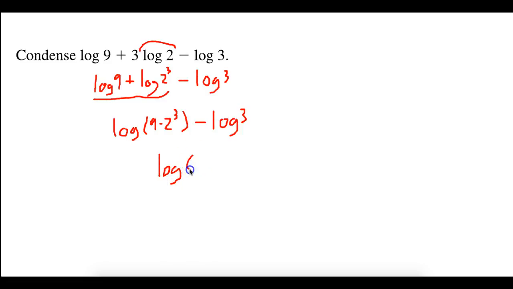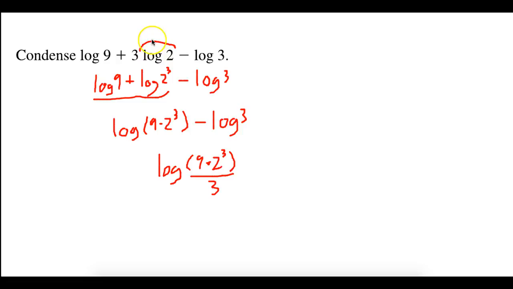So our numerator is 9 times 2 to the third. That's times, that's a dot right there, not minus. So 9 times 2 to the third, and our denominator is 3. So see what we've done here is we've gone one step at a time.